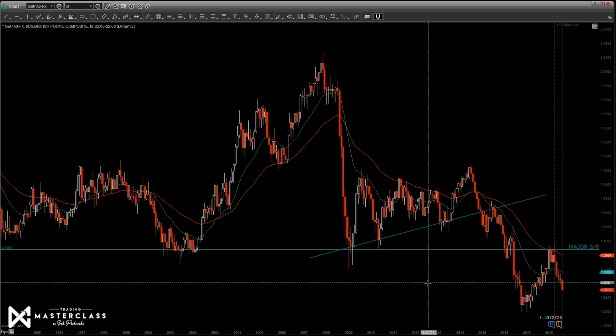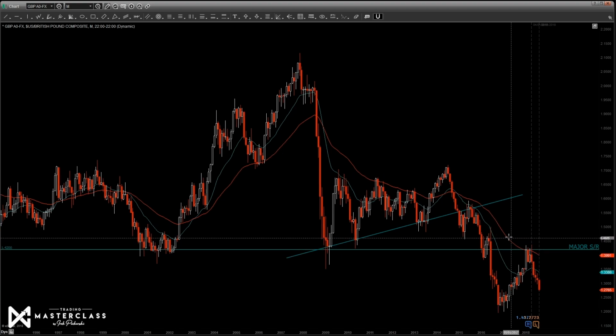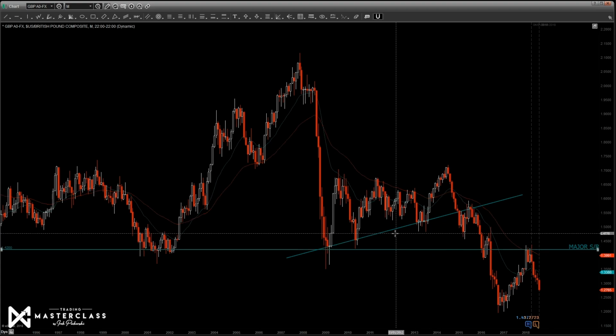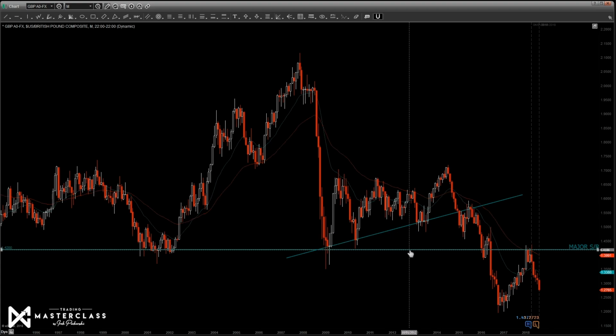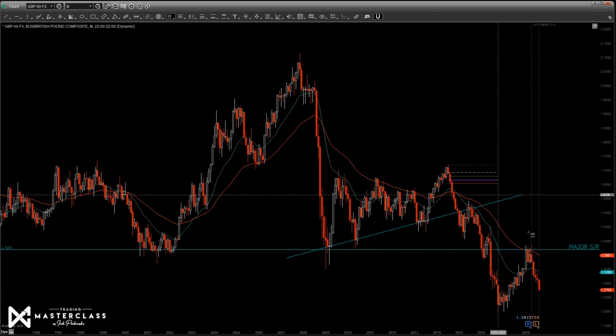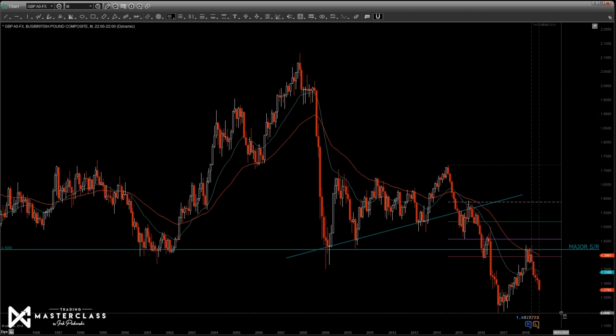What else when it comes to horizontal support and resistance levels? We looked at trend lines, horizontal levels, and the 50 EMA. Those will be the main support and resistance levels that we look at. However, there's one more, which I'm going to explain later, and that is the Fibonacci retracement.